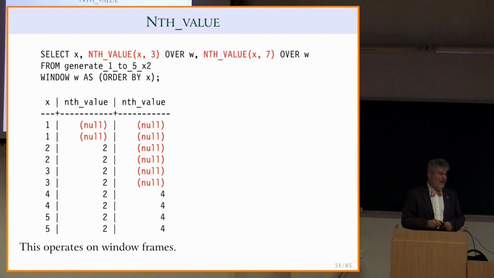I can do something called nth value. It means give me the nth value in this particular frame. And here I'm asking for the third value in the frame. This is a little interesting. I'm asking for the 7th value in the frame, but you'll notice that until I get to the 7th row, I don't have a 7th value in the frame. Why is that? Because I have an order by, and my default frame is unbounded preceding to current row.